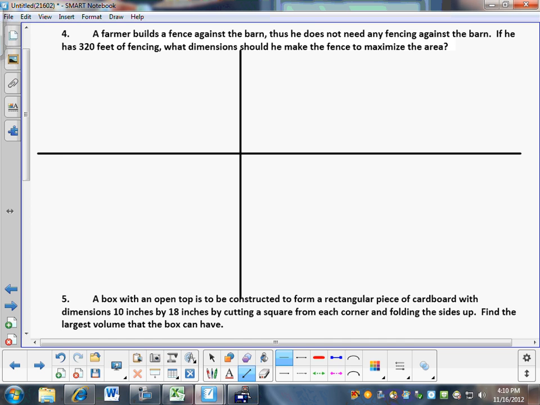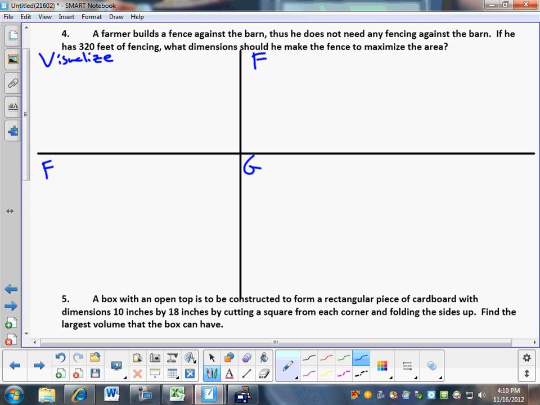V, F, F, G. Visualize. It's got a fence against a barn. It's my barn, there's my fence. It needs 320 feet of fencing. So he's got width and length. I want to maximize the area.